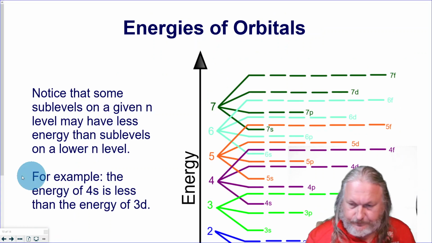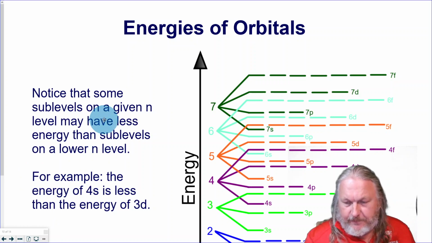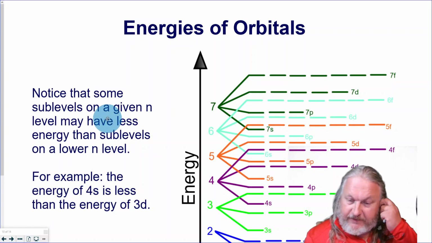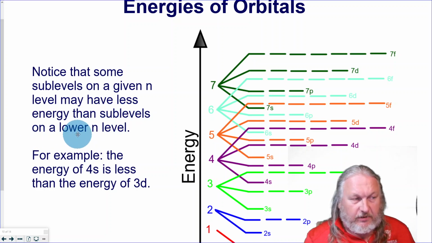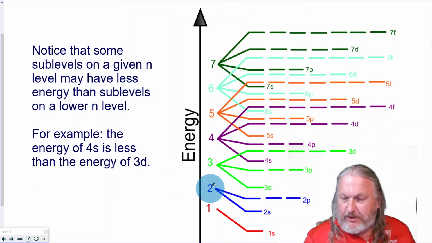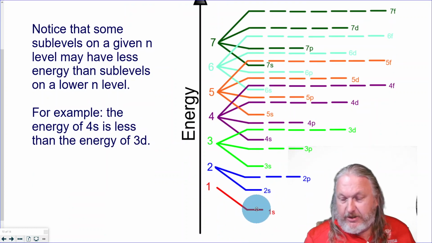Some of these sublevels on a given N may have less energy than sublevels on a lower N level. So look, this is the lowest energy, 1s. Then I'm going to go to 2s. That's got a little bit more energy than 1s.